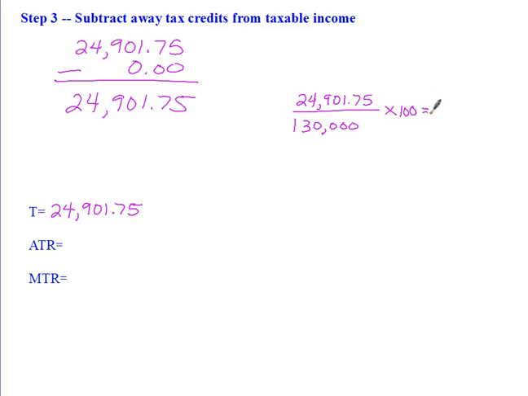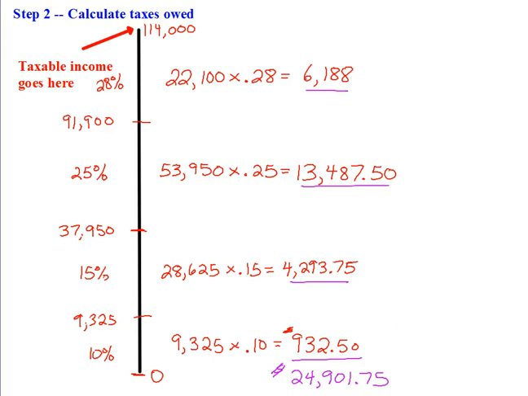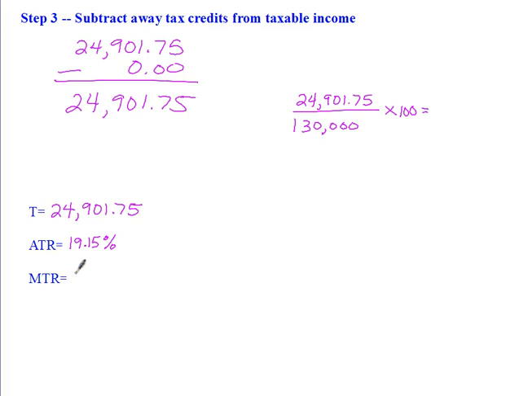Divide it by 130,000, and then multiply that by 100, and we get an average tax rate of about 19.15%. And then his marginal tax rate was the last bracket that he was in, which was the 28% tax bracket. That was his last bracket. So his marginal tax rate is 28%.